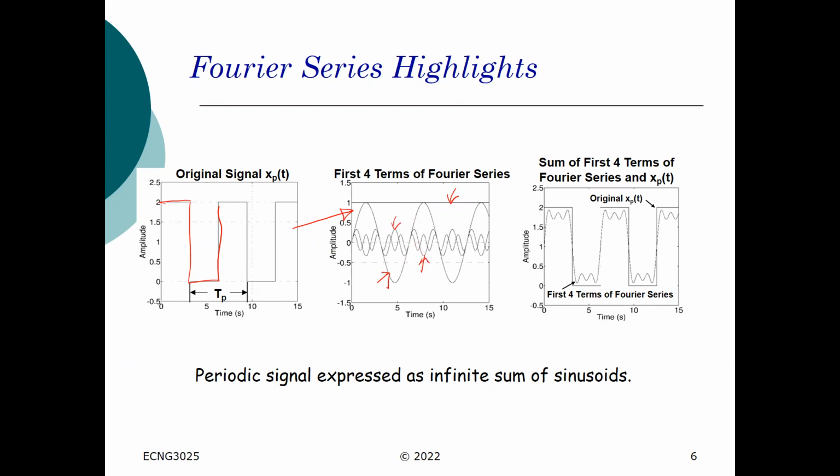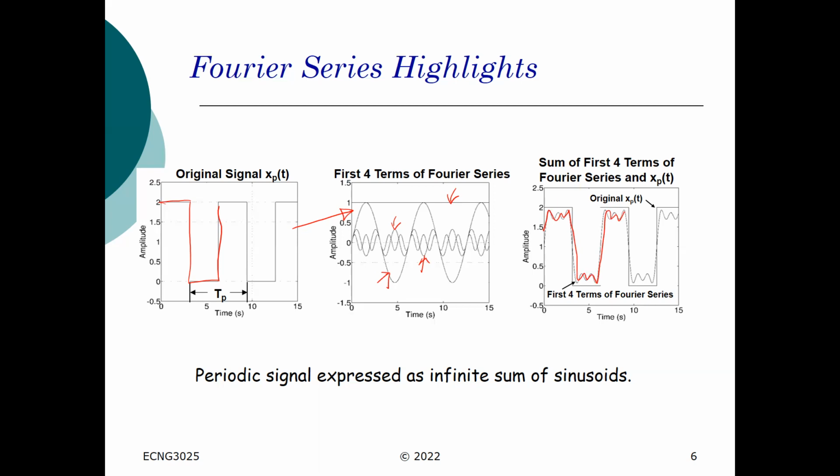All right. And if you were to take these individual signals, for the DC and the other harmonics, and add them back up, the first 4 terms start to give you that signal. And the more you add, the closer it will come, of course, to the original square wave.